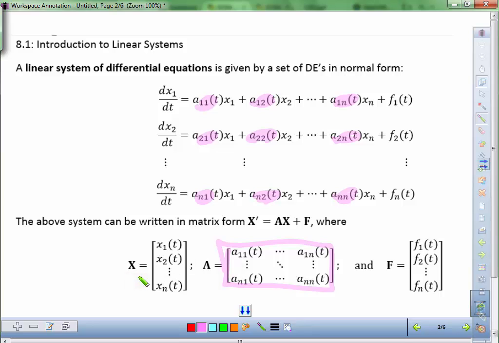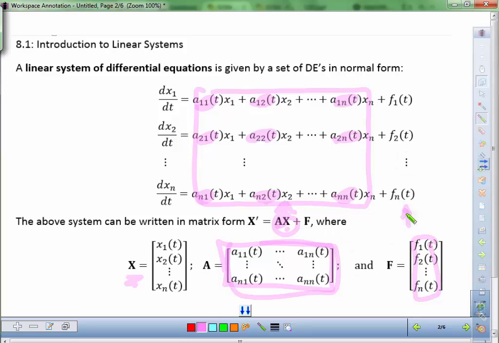So if this is our vector of functions, and this is our coefficient matrix from the system, and this is another set of functions that's given, if we take the derivative of this vector, it's just taking the derivative component-wise, and then if we take A times x, you're taking this matrix A and applying it to this vector, or you can think about it as matrix multiplication, and then you're going to get exactly this portion over here. And then there's a plus f.